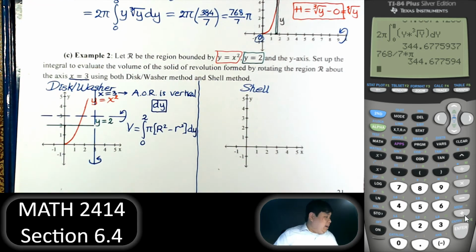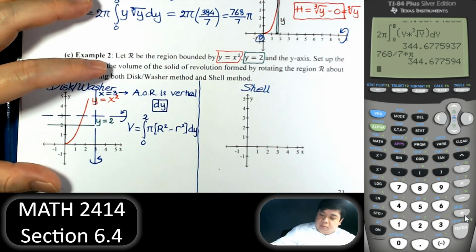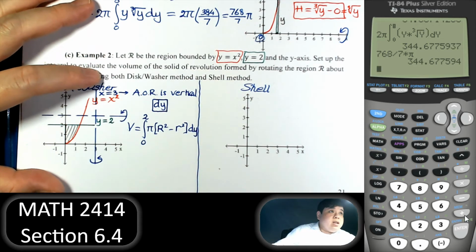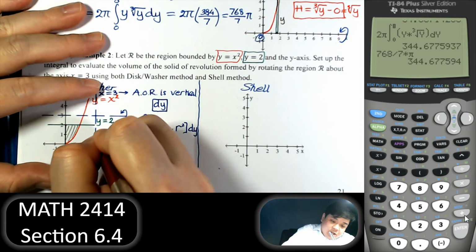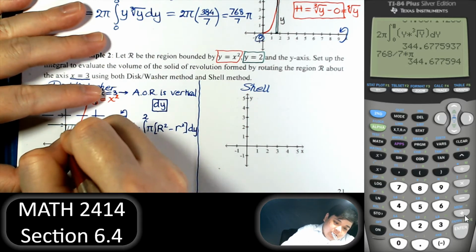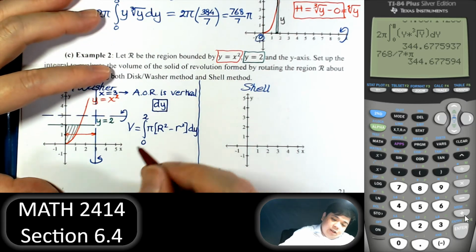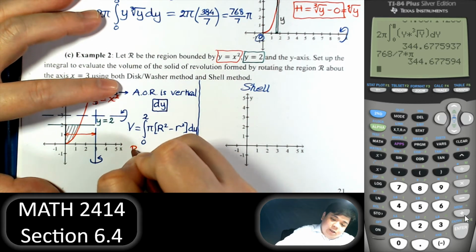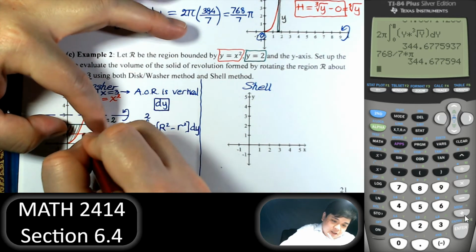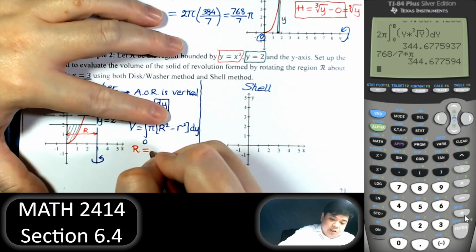Right, now determine the radii. The big radius, we're talking about this here. The big radius is from the axis of rotation to the outer edge. So that is the big radius. Function on the right 3, function on the left 0.